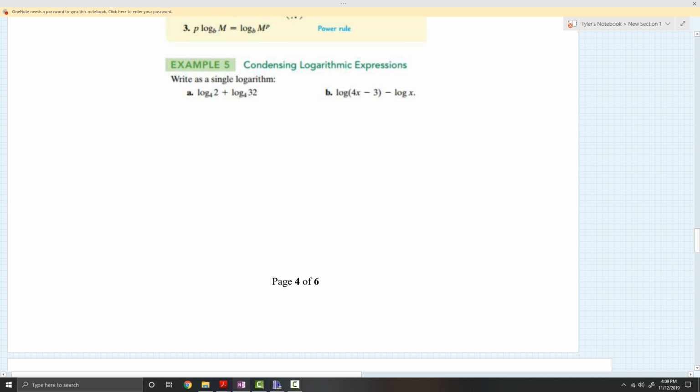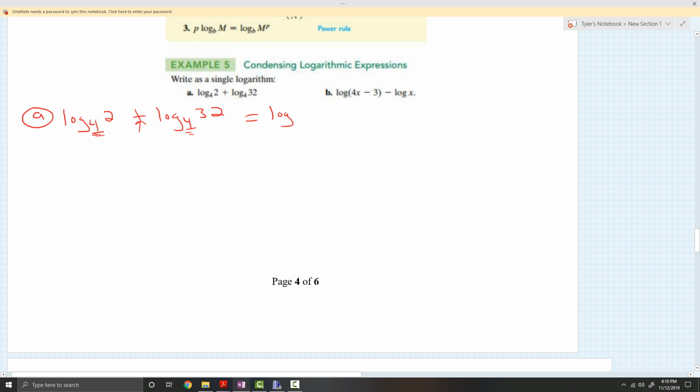So now what we want to do is go in the opposite direction. So for part A, we have log base 4 of 2 plus log base 4 of 32. One thing you can notice is that these have the same base, and we're adding them. So that means this is the product rule, so I'm able to rewrite this in one logarithm.